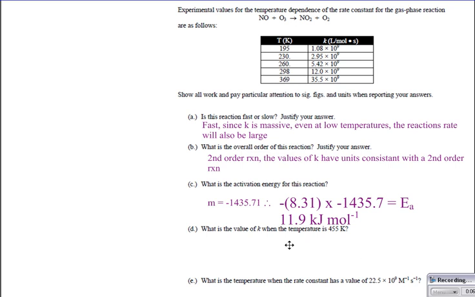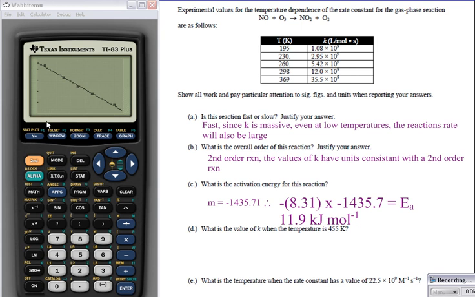All right, next we're asked to find the value of k when temperature is 455 Kelvin. So let's not lose track of what we have on our graph. On the x-axis, we have the reciprocal of our temperatures in Kelvin, and on the y-axis, we have the ln's, the natural log of our k values.